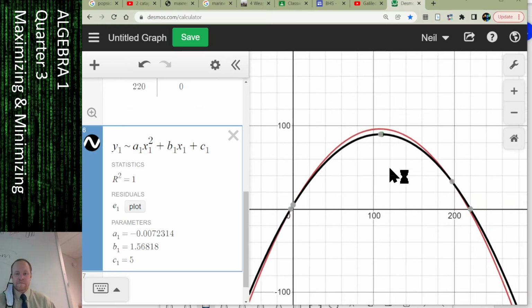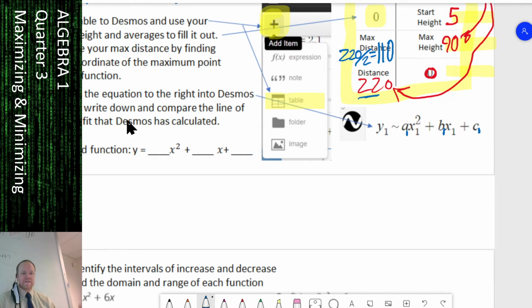So you're going to take these values. It says A sub 1, B sub 1, and C sub 1, and you're going to use those to create your final equation on the page. So the calculated function starts with an A sub 1. Once you've got your A sub 1, plug it in right there.